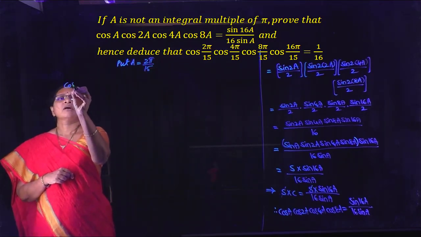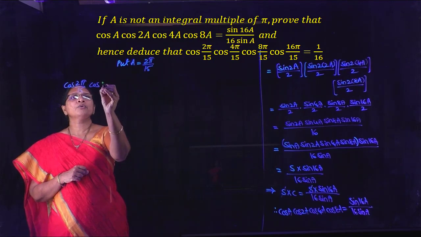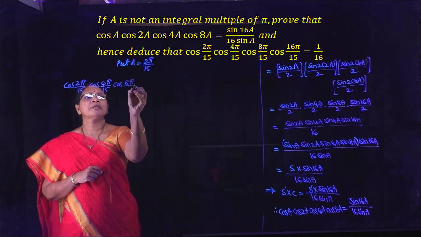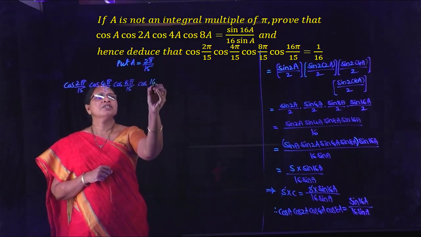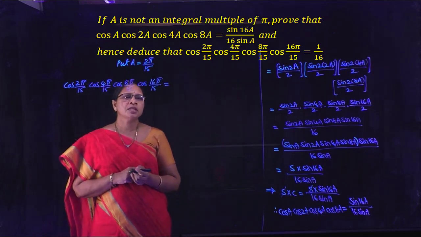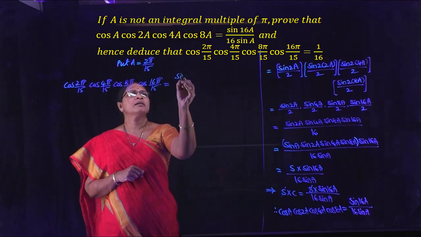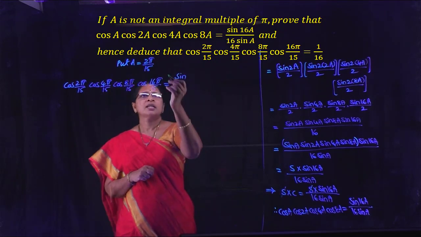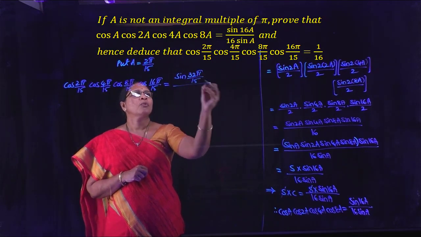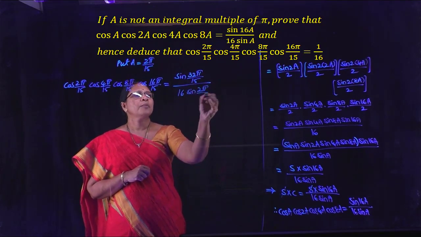We get cos 2 pi by 15, cos 2A, 2 into 2 pi by 15 is 4 pi by 15, cos 8 pi by 15, cos 16 pi by 15 is equal to, here RHS is sin 16A by 16 sin A. Put A equal to 2 pi by 15, here RHS is sin 16A, that is 16 into 2 pi by 15, that is 32 pi by 15, all divided by 16 sin 2 pi by 15.